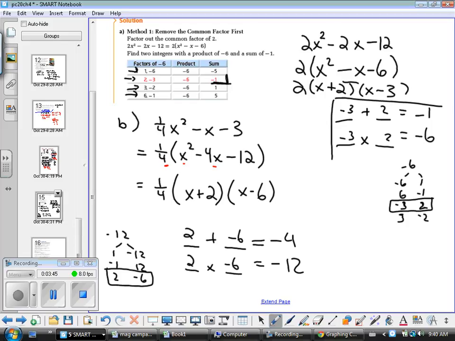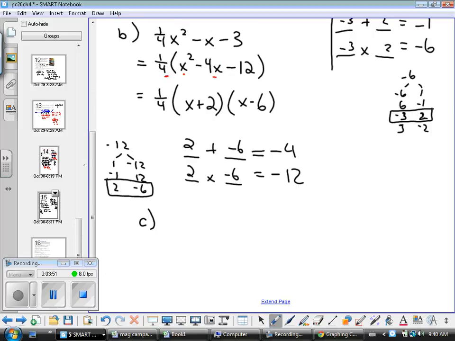And at 9x squared minus 0.64 y squared. Hopefully when you see two terms like that, you're going to see a difference of squares.